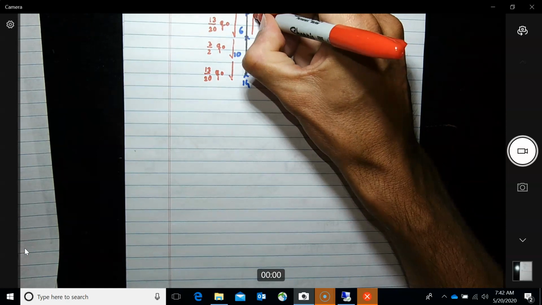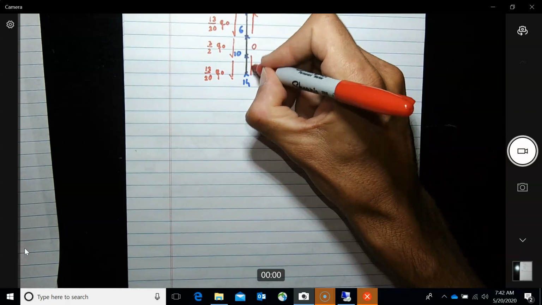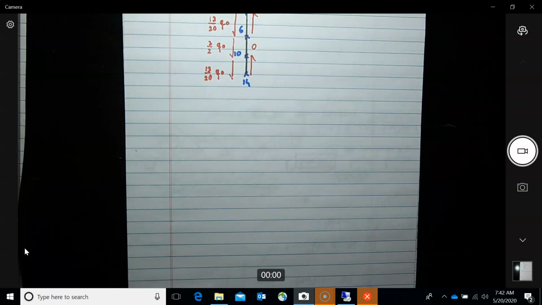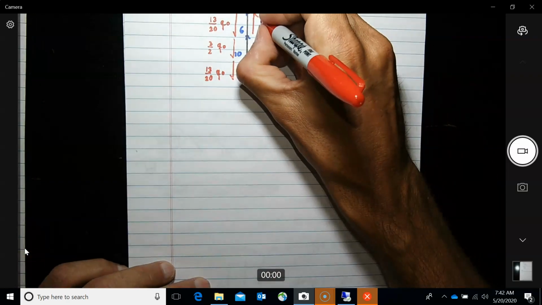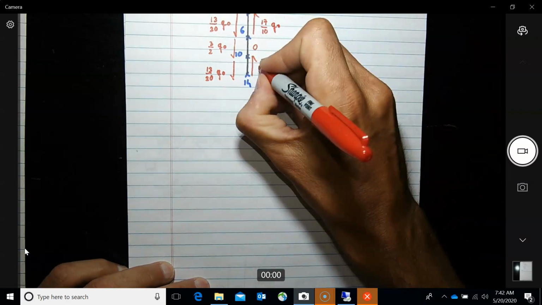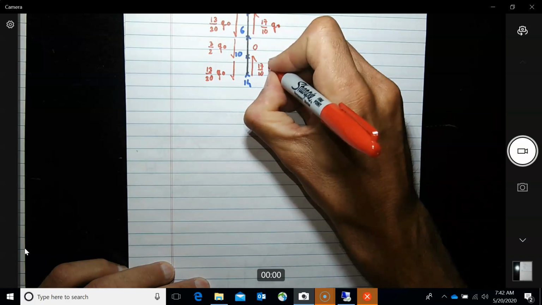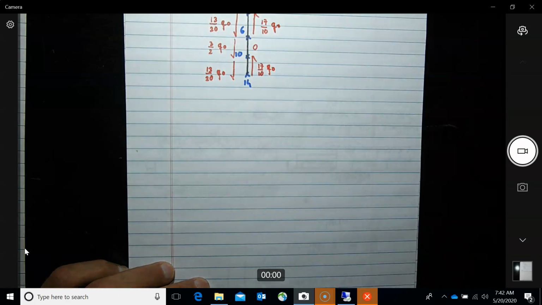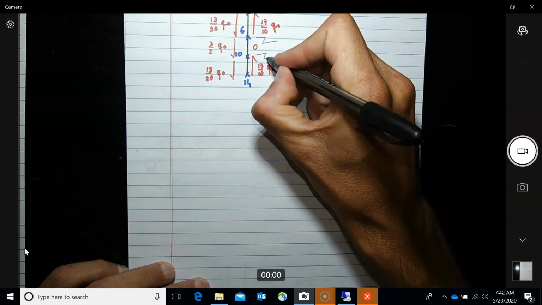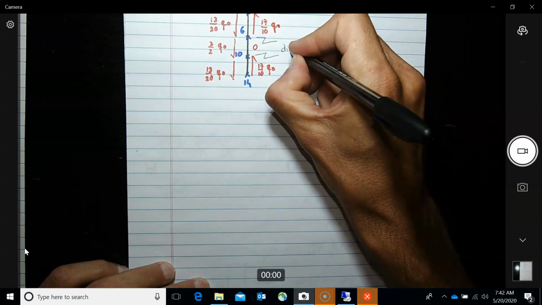Here we're going to have Q sub 2, which is equal to 17 over 10 Q sub naught, and again at those 2 points over here, you will have a discontinuity.